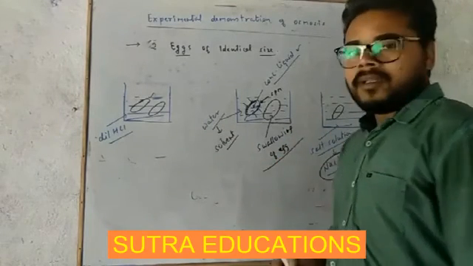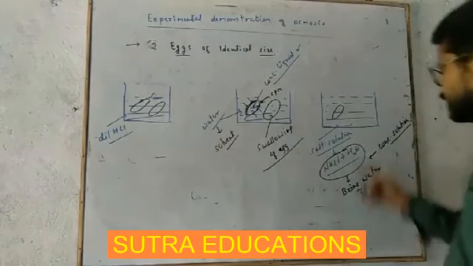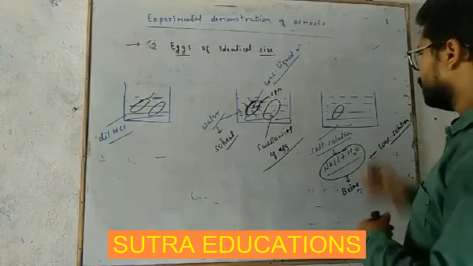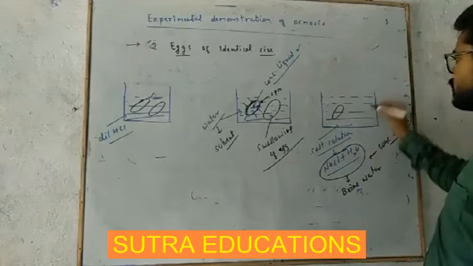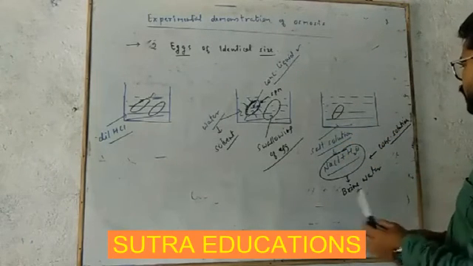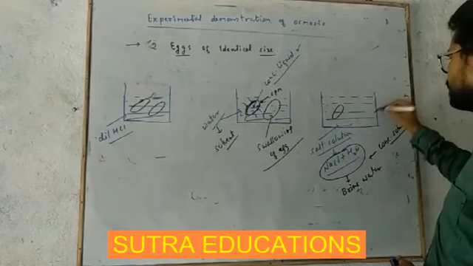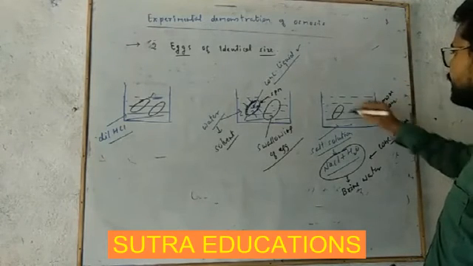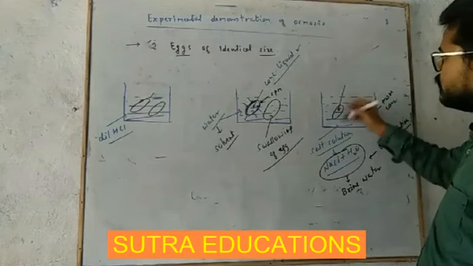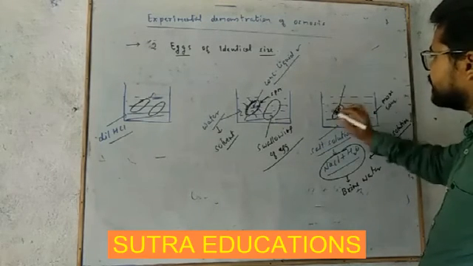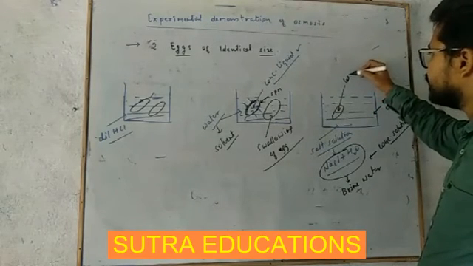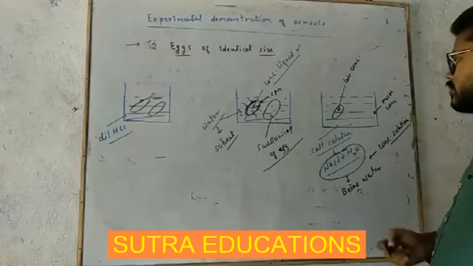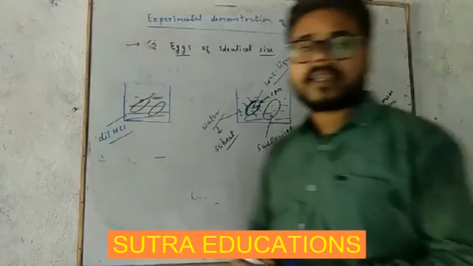And in this case what will happen? This salt solution is more concentrated here, and the liquid present inside the egg is less concentrated as compared to this brine solution. So again osmosis will occur.